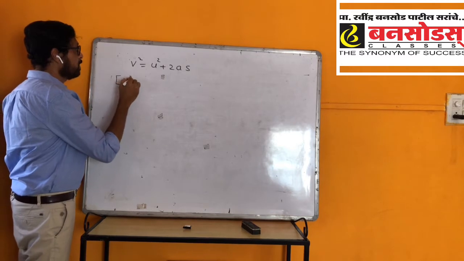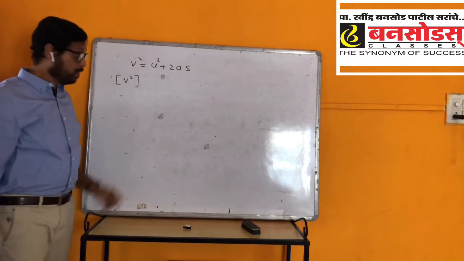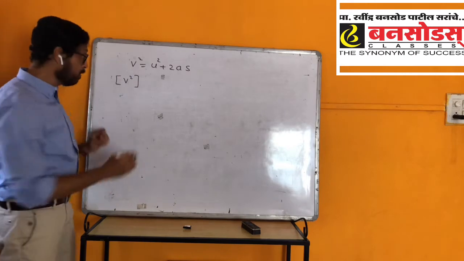First term is v square. V means final velocity.